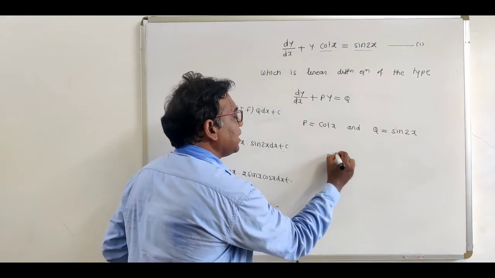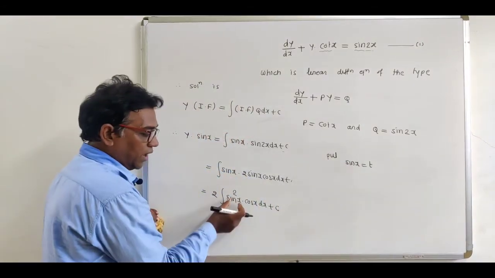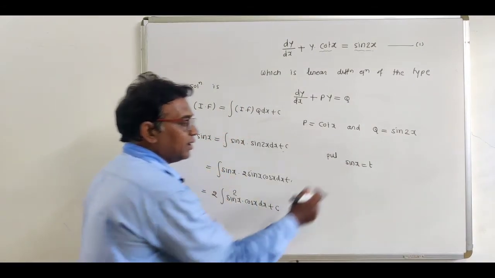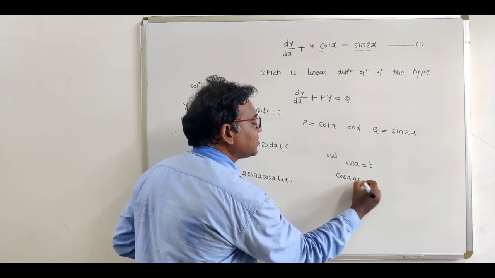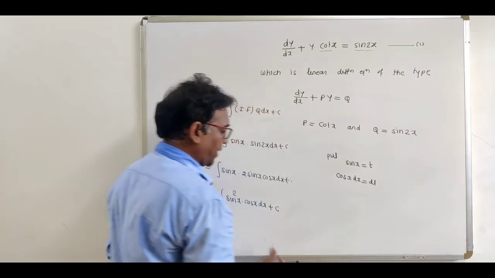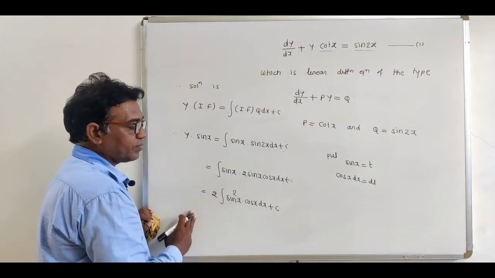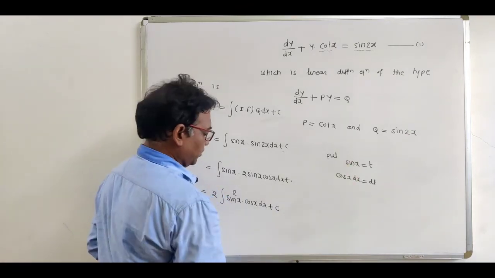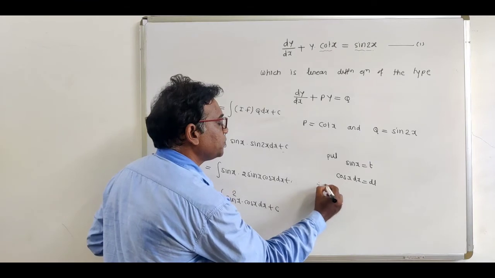Now suppose we put sin x equal to t, then what is the derivative of sin x? Its derivative, cos x dx, is present in the integrand. So we can use the method of substitution. So just put sin x equal to t. So the derivative cos x dx equal to dt.